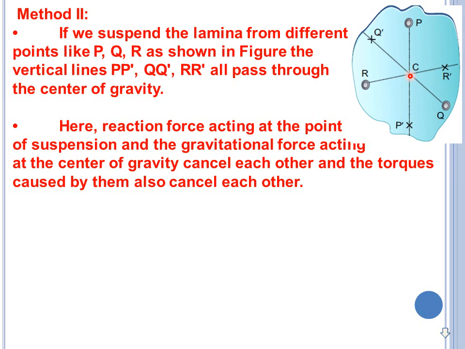Hence, the reaction force acting at the point of suspension and the gravitational force acting at the center of gravity cancel each other, and the torques caused by them also cancel each other. That's why we get the center of gravity here.